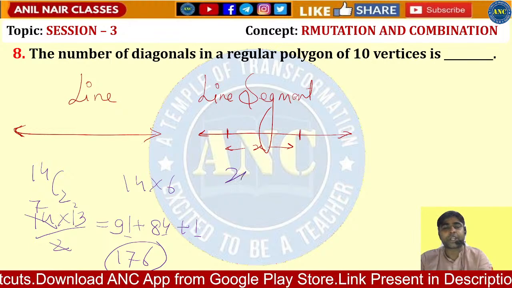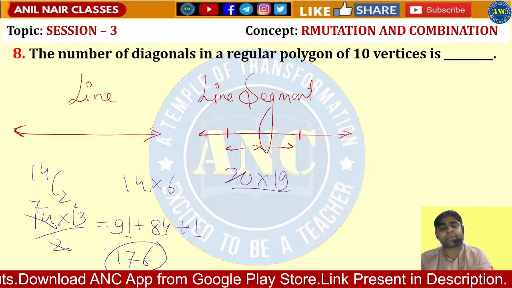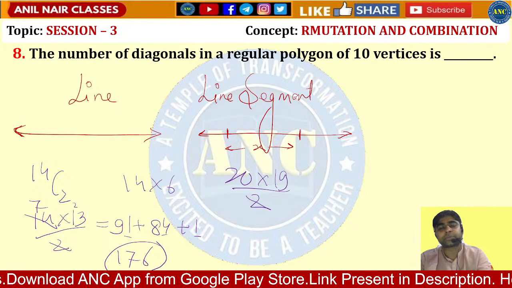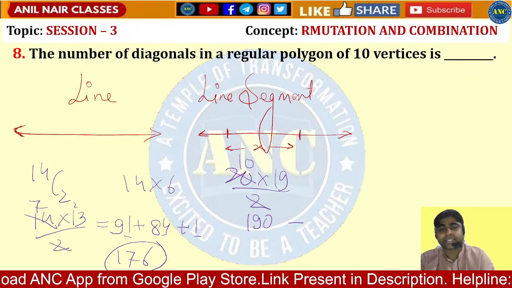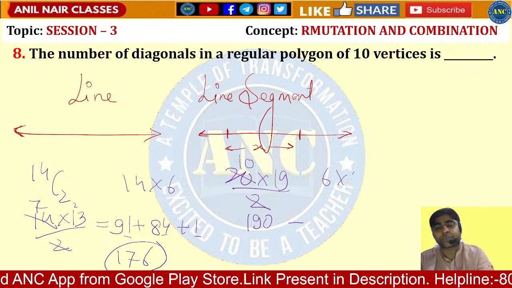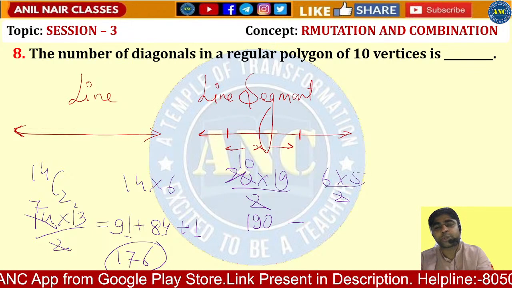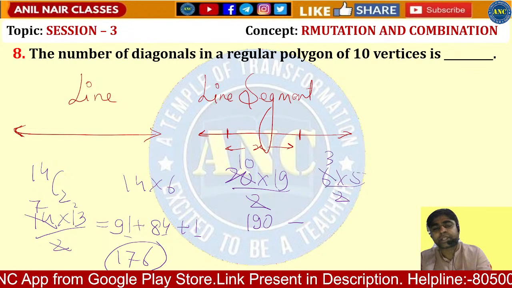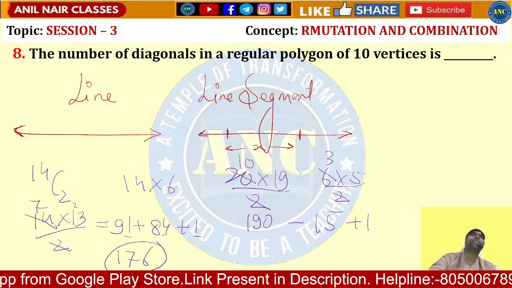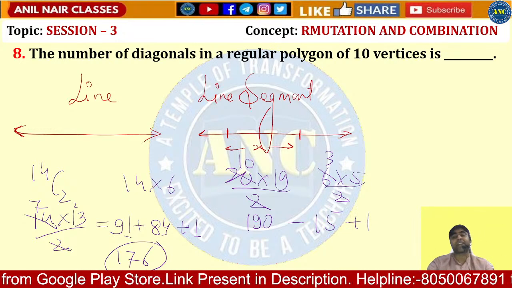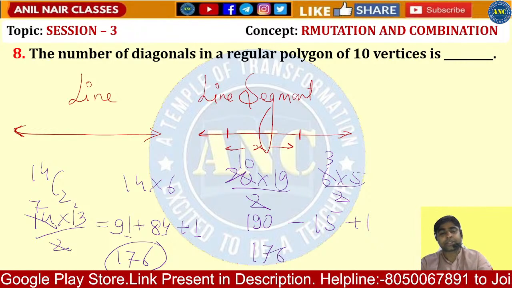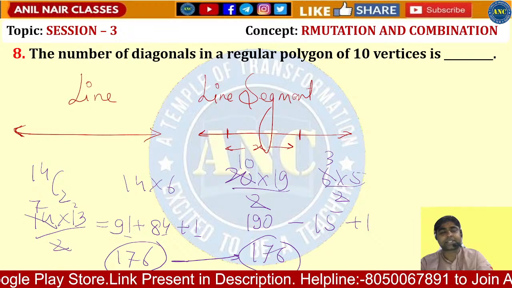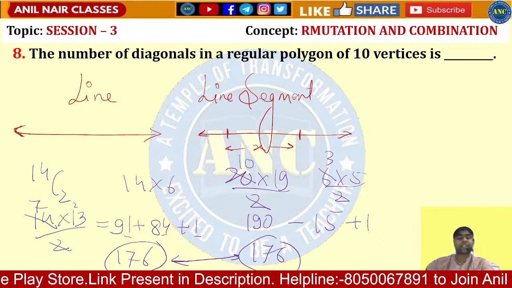It would be 20 into 19, n into n minus 1 upon 2, that is 190. Minus 6C2, which is 6 into 5 upon 2, that is 15. So 190 minus 15 is 175, and 175 plus 1 is 176. Giving the same answer? Yes. So that means my method is correct.